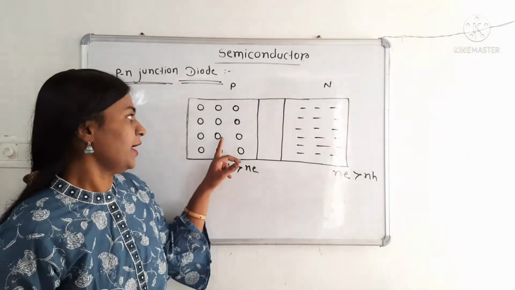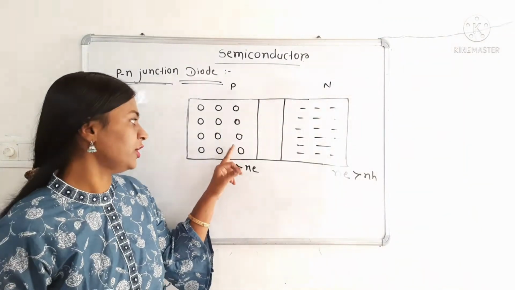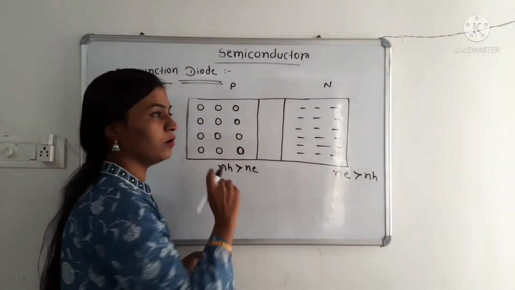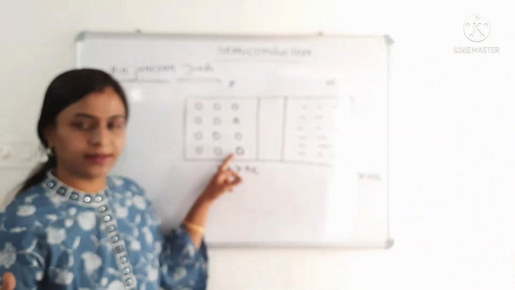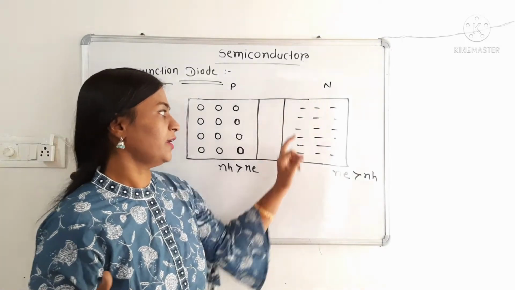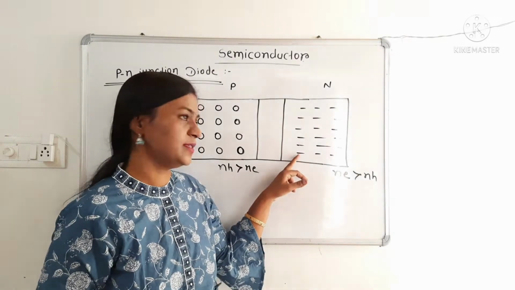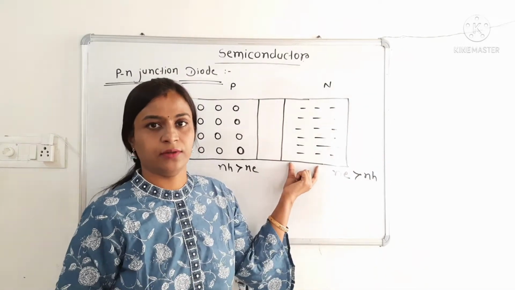See what happened. In p-type semiconductor, majority carriers are holes, and holes are represented by a circle. And here in n-type semiconductor, majority carriers are electrons, and these electrons are represented by a simple negative sign.